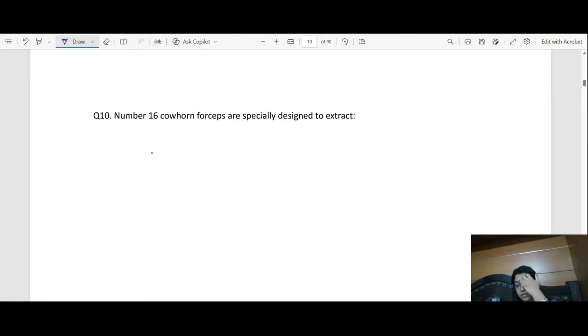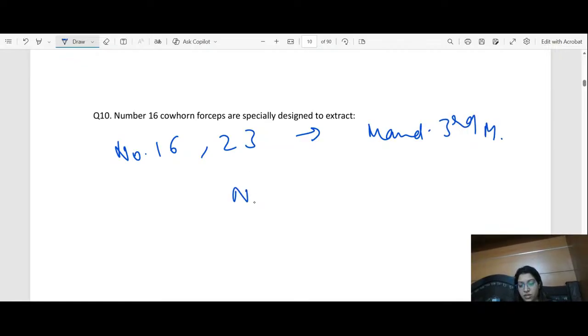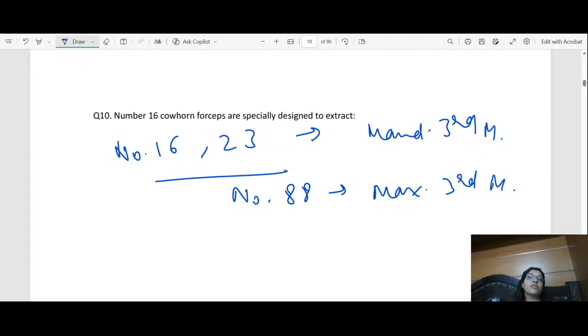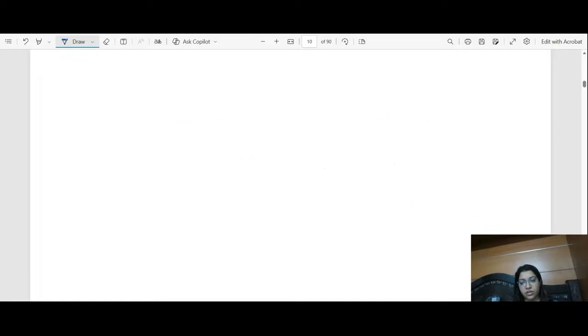The cow horn forceps are usually used for the removal of grossly decayed maxillary molars and more commonly mandibular third molars. Number 16 and 23 are used for the removal of mandibular third molars, and number 88 are used for maxillary third molars. So remember 16 and 23 for the mandibular third molar, number 88 for the maxillary third molars. Okay, we'll come to the next question.